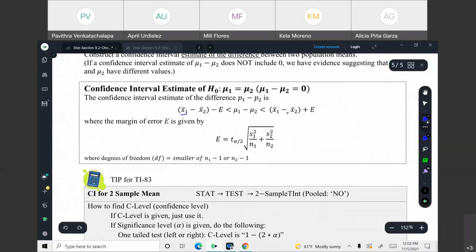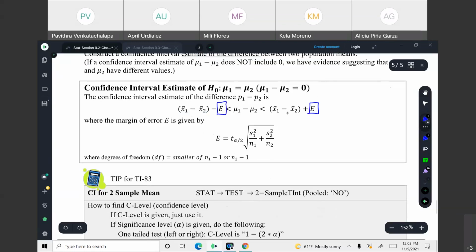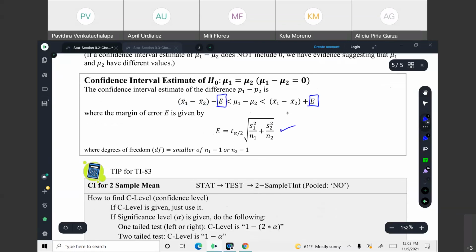You will have x1 and x2 given. You have to find the margin of error. This is the only term you have to find, and to find the margin of error, you have this formula. And this is how we find the confidence interval.